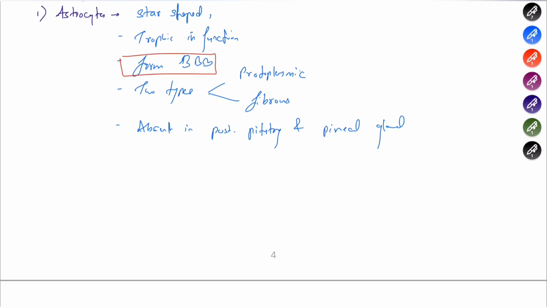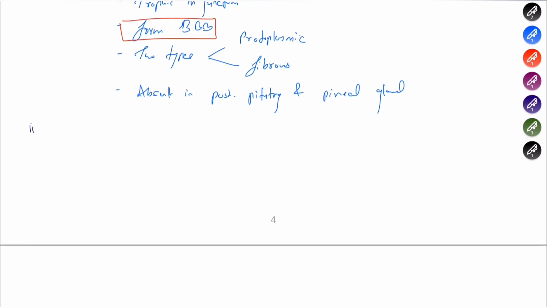The second type of neuroglial cell is oligodendrocytes. When we break its name, oligo means less, dendro means dendrites, and cytes means cell. So cells which contain fewer dendrites. What is their function?